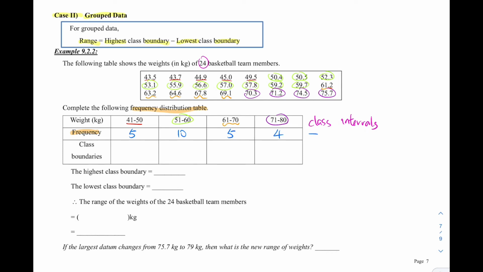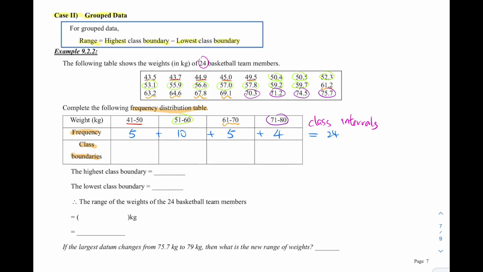You can check here. The sum of them is 24, so you counted correctly. And then for each case, we have to find the class boundaries in order to find the range.